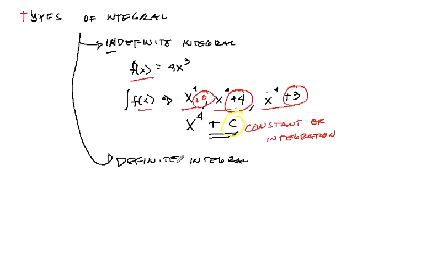Okay, so for the definite integral, this only means that it is an integral with limits of integration. So the result involves neither the variable x nor the constant c. Therefore, you have the exact or definite value for your answer. You cannot see the x or the constant c, but you have the definite value or number for your answer.